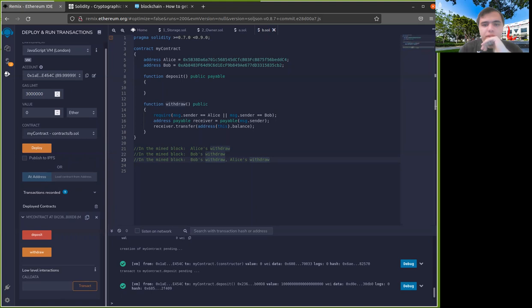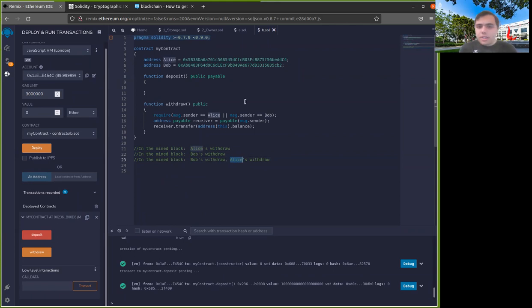So if I have a withdrawal by Bob and a withdrawal by Alice, and even if Bob is paying much less in transaction fees, in gas fees, at the end of the day, a miner who puts both of these into the block is going to get the transaction fees of both transactions, both Alice's withdrawal and Bob's withdrawal. So in practice, Alice can actually pay more, and that would really make the miners put her transaction first, but there is no guarantee.